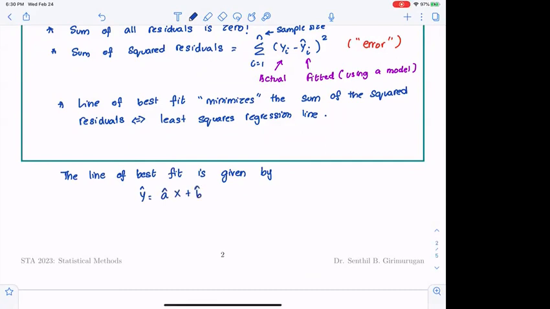So we compute A hat and B hat using the sample. So the value of A hat is simply the value of the correlation coefficient multiplied by the standard deviation of Y divided by the standard deviation of X. And B hat is simply Y bar minus the value of A hat that we computed multiplied by X bar.